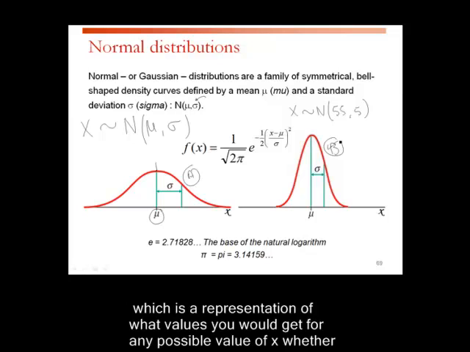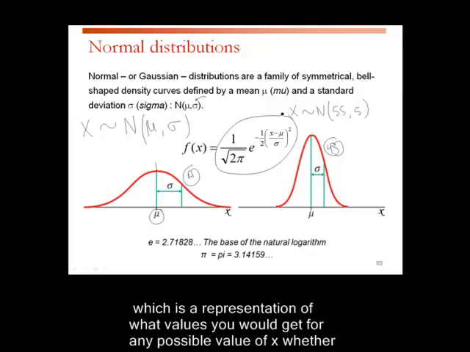Now, the curve itself, which we call f of x, this is the formula for it. 1 by sigma, 1 by square root of 2 pi, e power minus x minus the mean by standard deviation, whole square. Now, here's the problem.